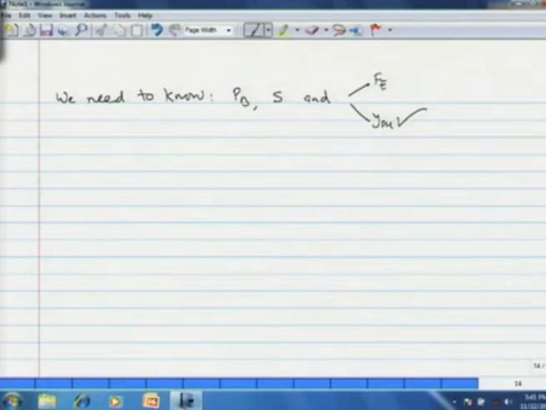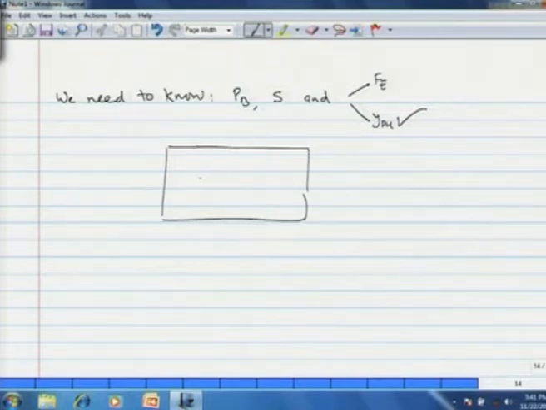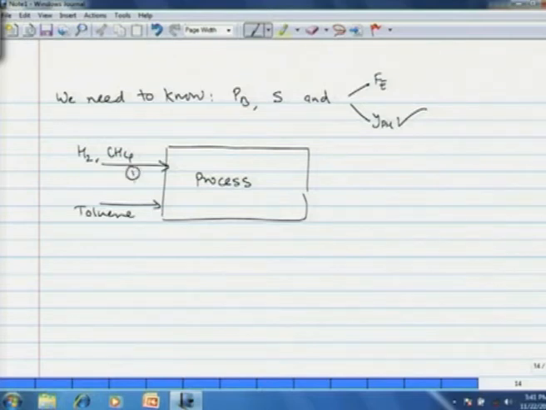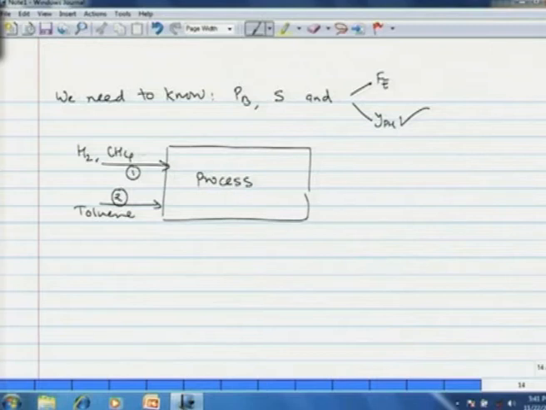Thus, now we can write a stream table. First, we draw the process. Then we number the streams: the two feed flows are numbered as 1 and 2.